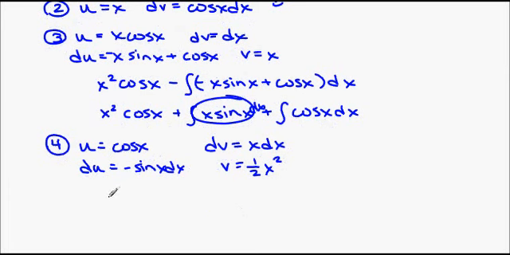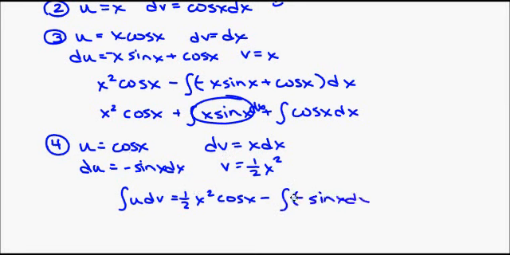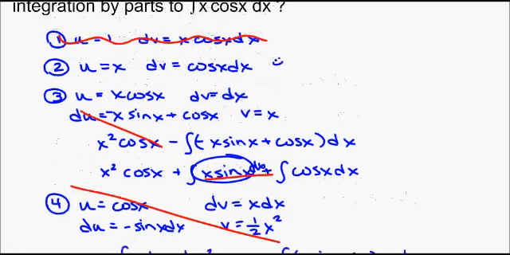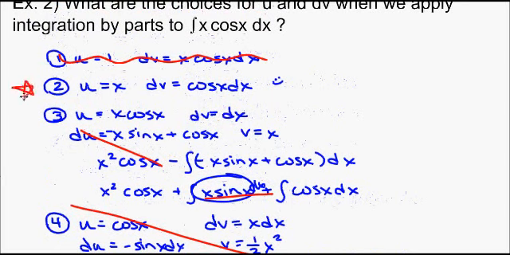Then we get our integral is equal to cosine x times 1/2 x squared, with x squared in front, minus the integral of negative sine x dx times x dx. You can see here that this is basically the same thing that we had up here. That's also pretty bad. So those two are just very messy. We want to stick with number 2.